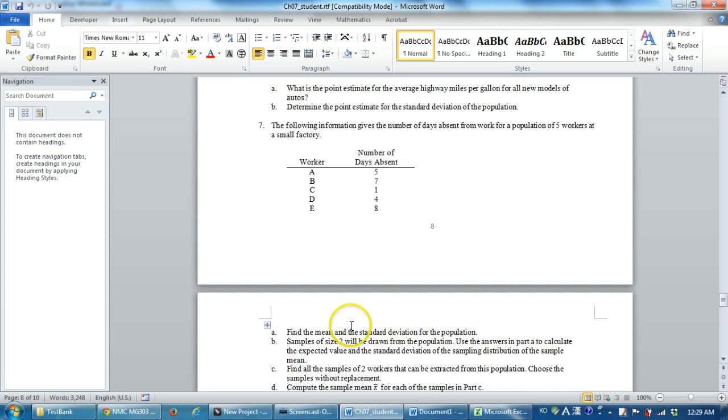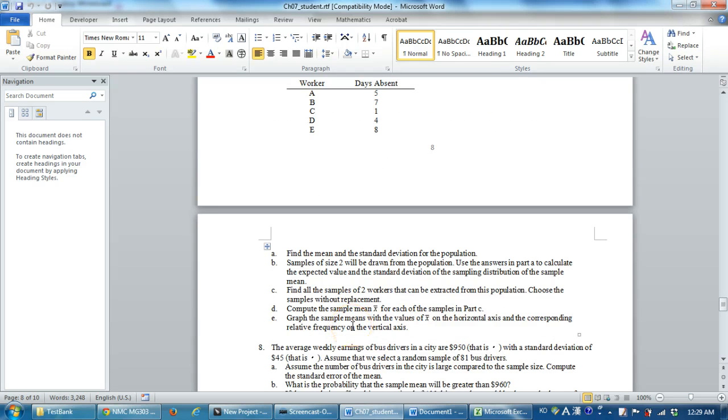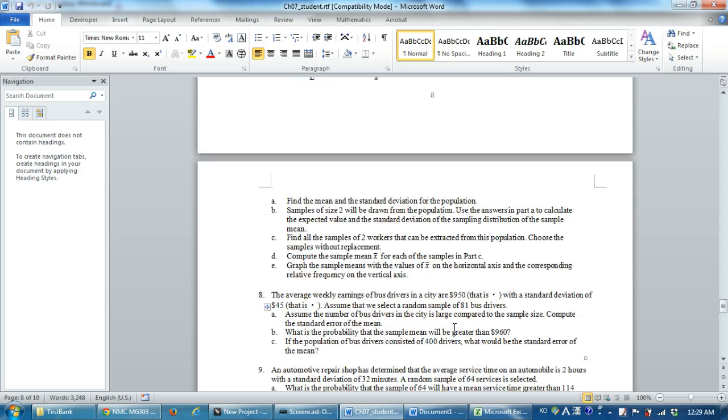And that's why we did it, I remember a long time ago in the class, to get the possible samples without replacement, and then we can have the sample mean for each sample, so it's not a big deal.